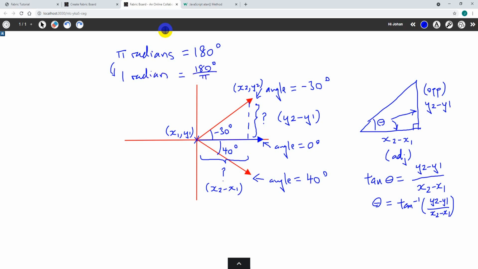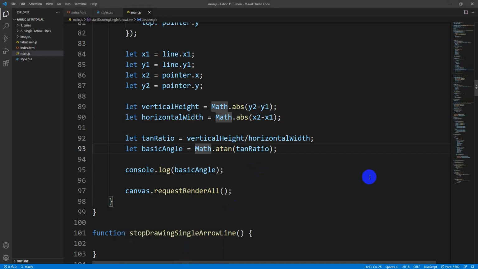Now if I have whatever value, let's say theta radians, I have to multiply by theta, so it is 180 degrees over pi times the angle. So here, this is the angle in radians, and we have to multiply this by 180, and then divide by pi.